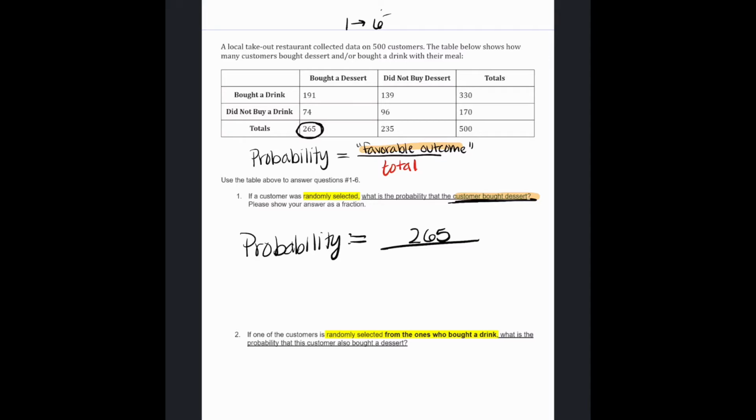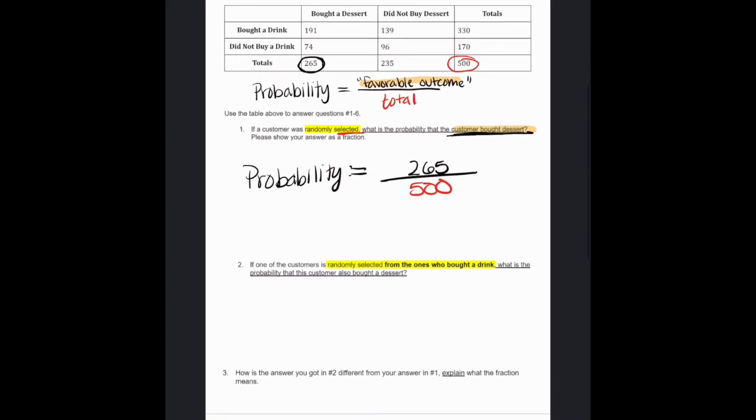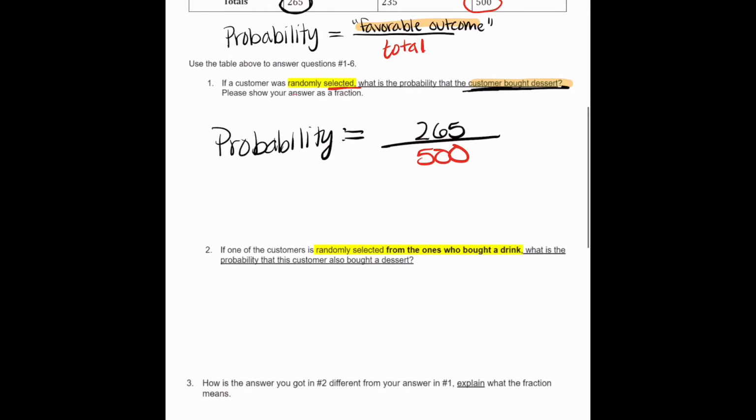And that's going to go over the total number of customers that they surveyed. So the customer was randomly selected out of these 500 customers. So that's just going to be 500. And that would be your probability fraction there. This fraction can actually be reduced.